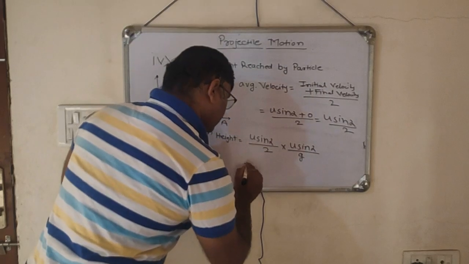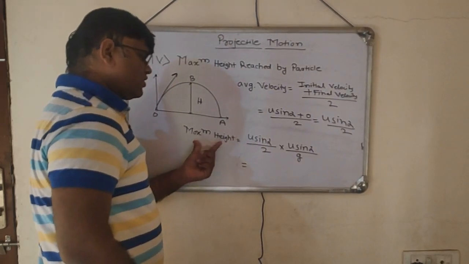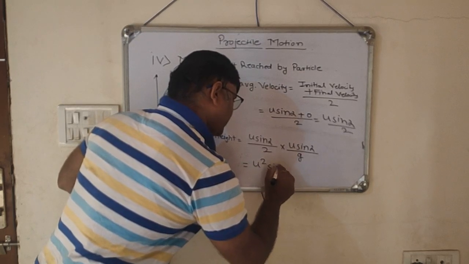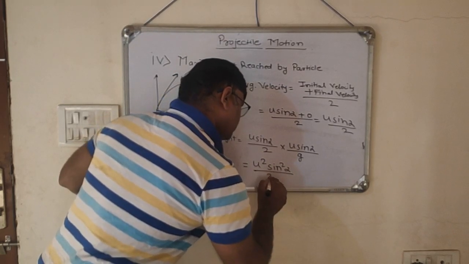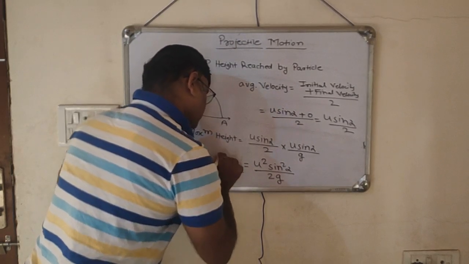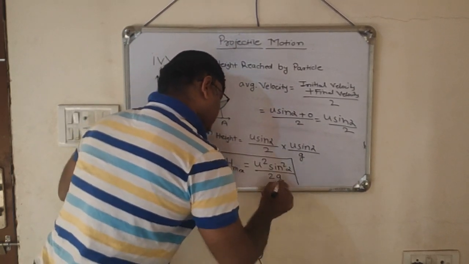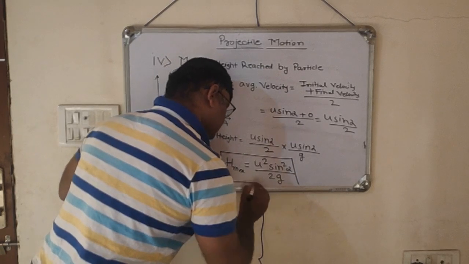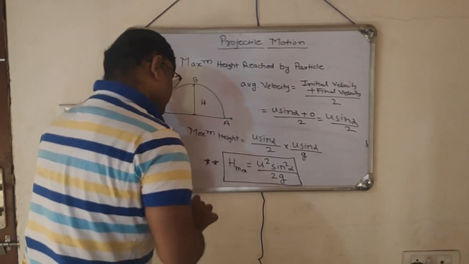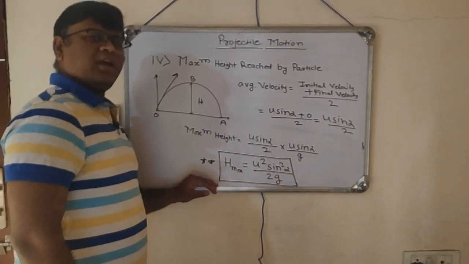So the maximum height reached by the particle will become u square sin square alpha divided by 2g. This is your H max. This is also a very important expression or formula, I would say, which is going to be asked in many examinations.